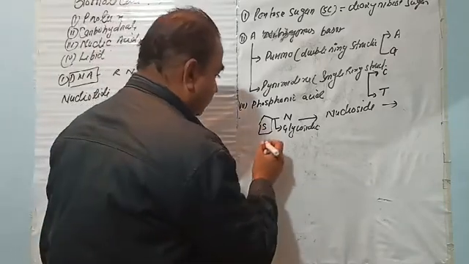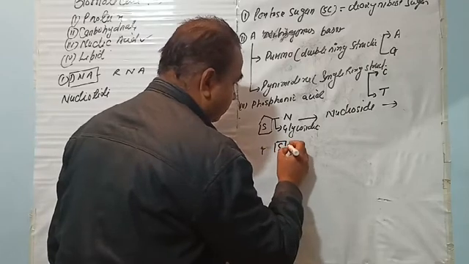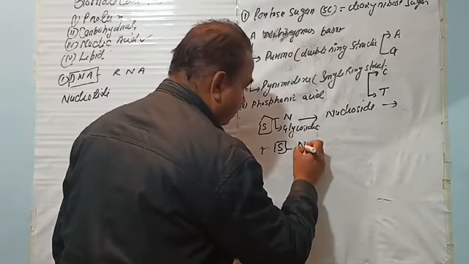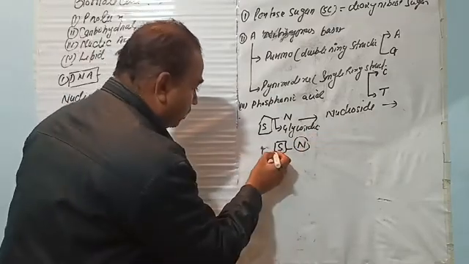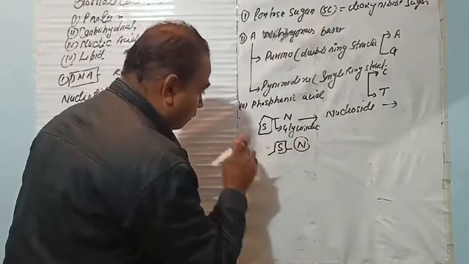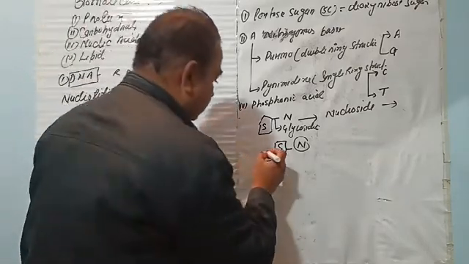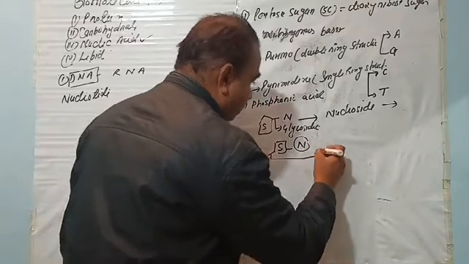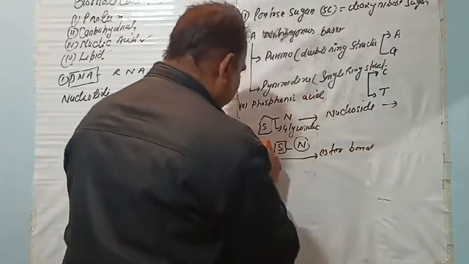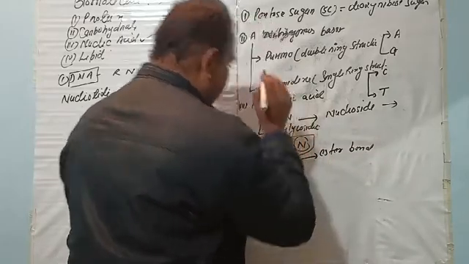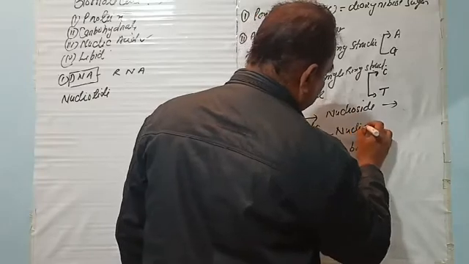In the second step, when the sugar and nitrogenous base, that is the nucleoside, is bonded with the phosphate group by a specific bond called the ester bond, it forms a trimolecular structure called a nucleotide.